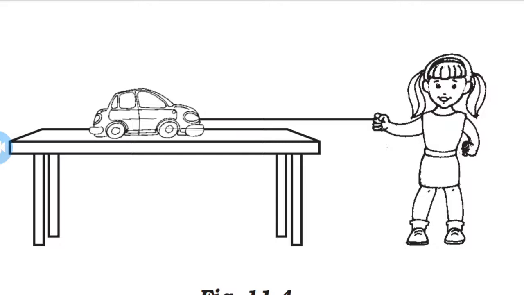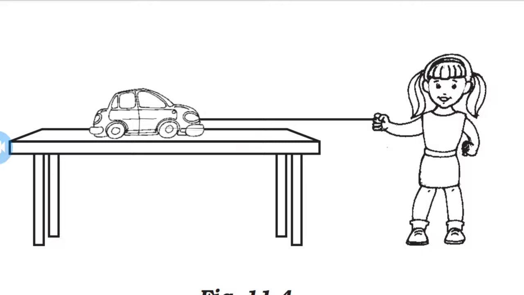Here as shown in the figure, there is a table, and on the table there is a toy car. Beside it there is a girl, and the toy car is tied with a string. The girl pulls the string in one direction. So obviously the force as well as the displacement are in one direction.